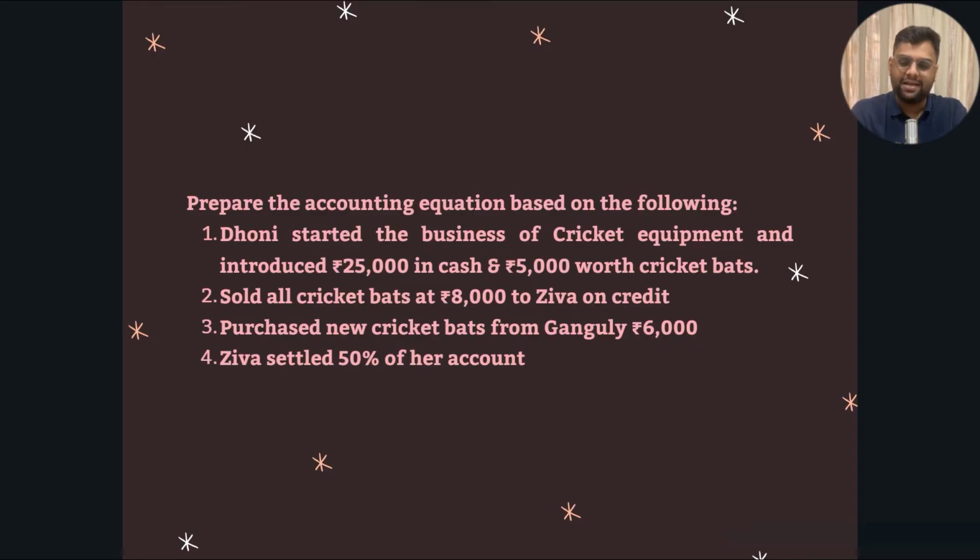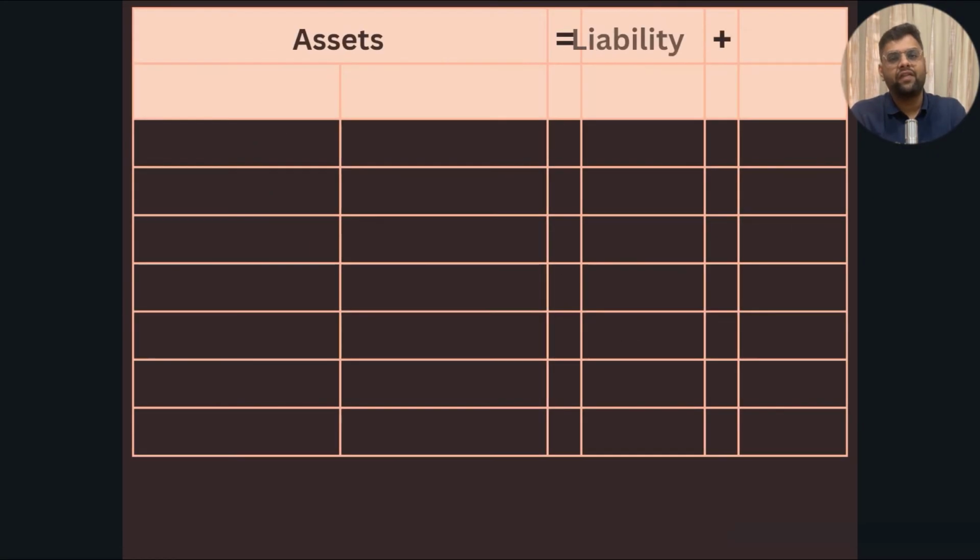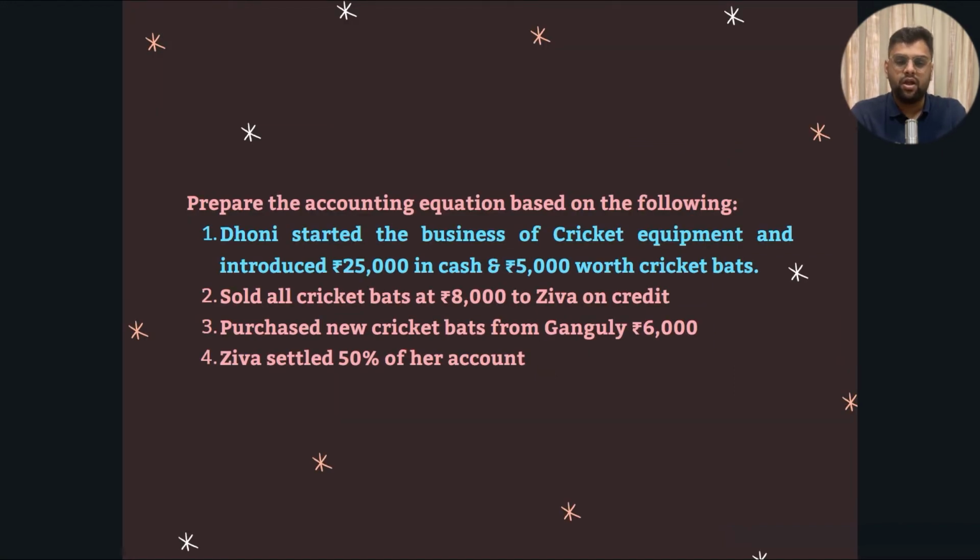So, let's start. First, we will have our table in front of us, the table of accounting equation, assets is equal to liabilities plus capital. Transaction number 1. Dhoni started the business of cricket equipment and introduced rupees 25,000 in cash and rupees 5,000 worth cricket bats. If I am in the business of cricket equipment, cricket bats are nothing but my goods.